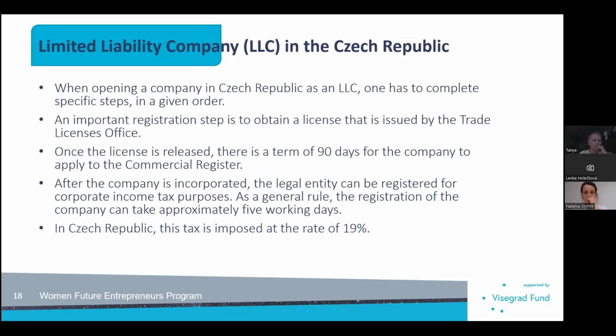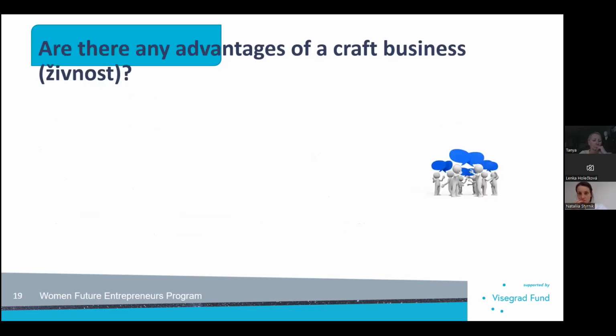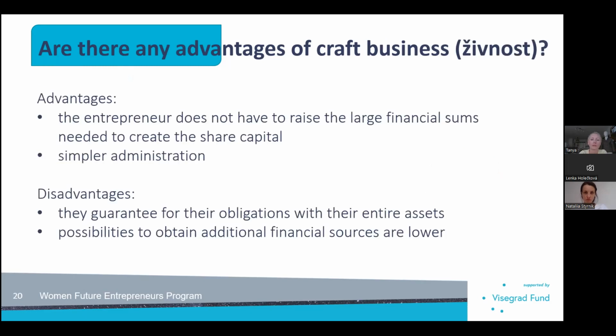Okay, so it is limited liability company. It was just for introduction, just some revision from our last lecture. And now I would like to finish this opening part of our today's lecture with a summarization of advantages of a craft business.